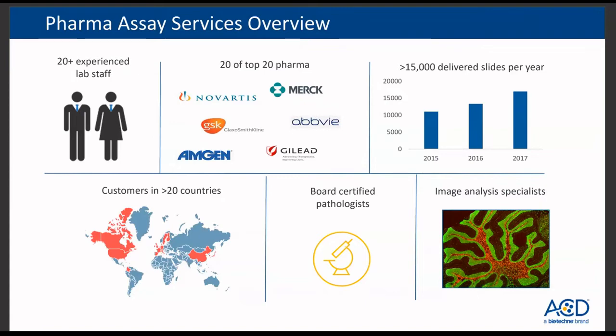We service 20 of the top biopharma companies in the world. As you can see in this slide, there are a couple of examples. We generally stain more than 20,000 slides per year with customers from over 20 different countries.